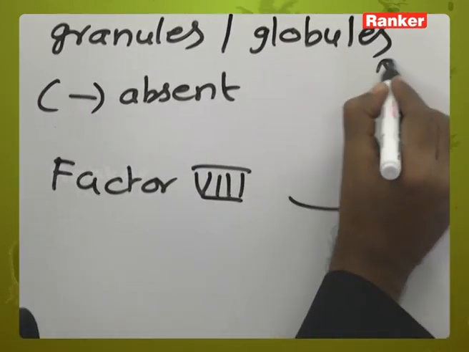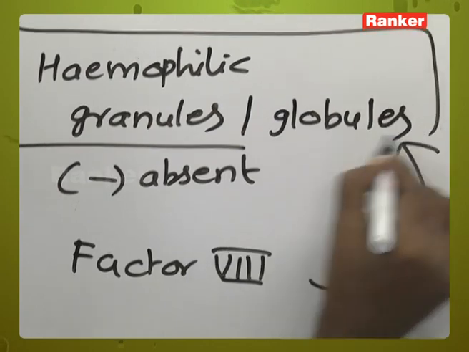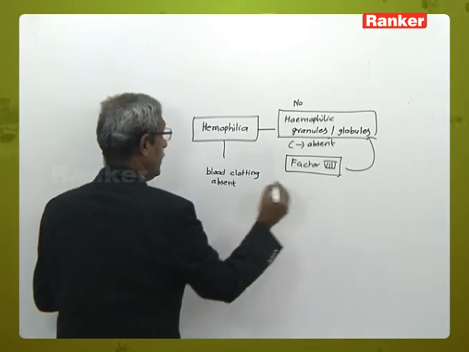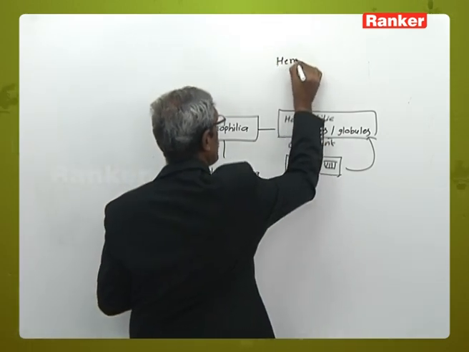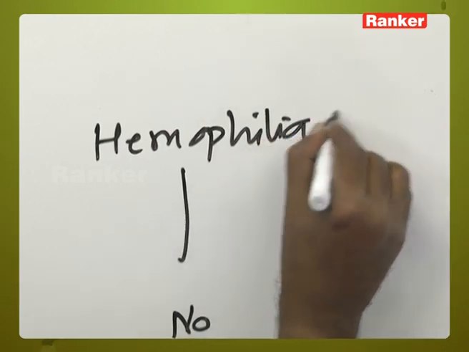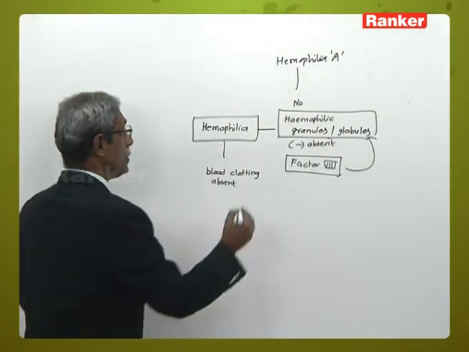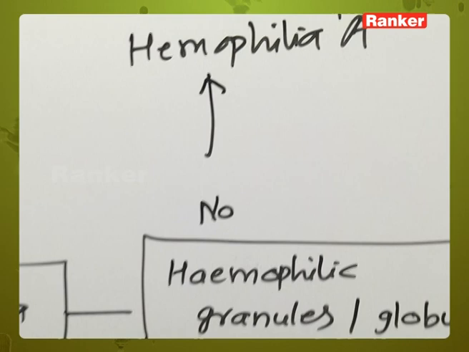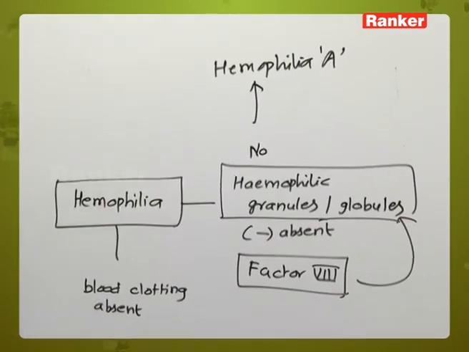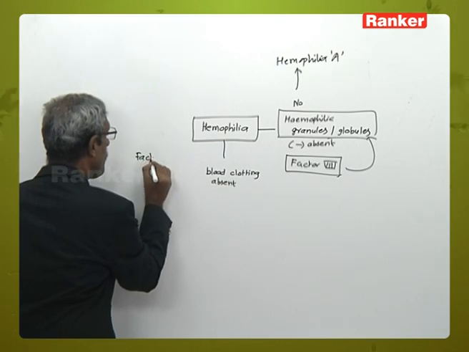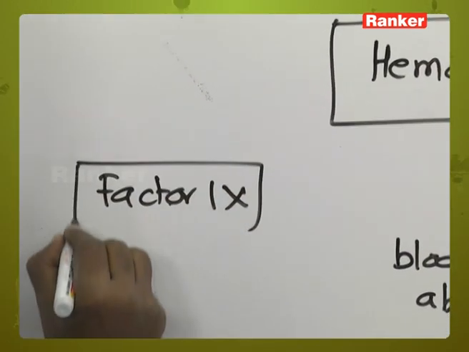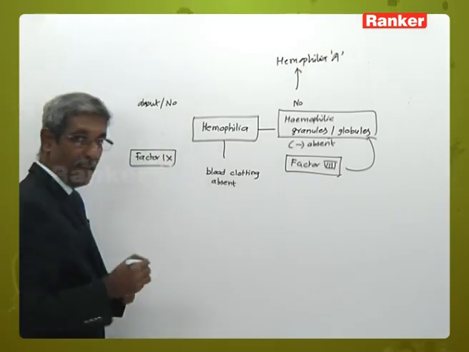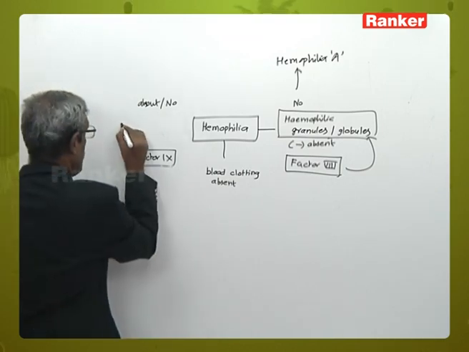So factor 8 refers to hemophilic granules or globules, and the absence of this factor results in a disease termed hemophilia A. Hemophilia A is one condition where there is absence of hemophilic granules or globules. In the presence of another factor called factor 9, which is also absent, factor 9 is otherwise termed plasma thrombin factor.